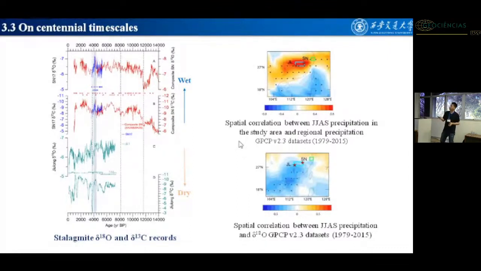So we can see a really negative spike occurred at 4.3. Yeah, this is almost the most negative value during the whole Holocene from the oxygen isotope. It means it's a really wet condition.